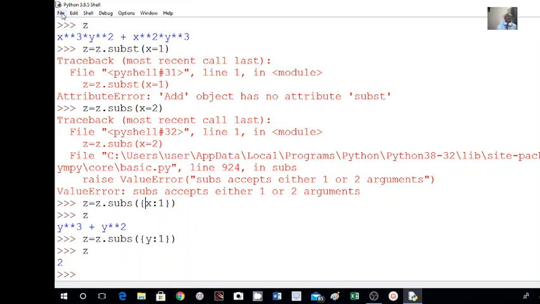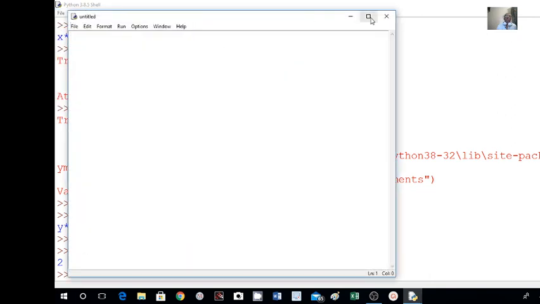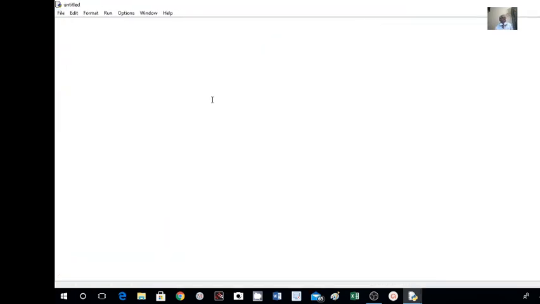Go to File, click on this, New file. Okay, I'll go to New file. It opens like this. This is the file. On this we can write programs, save and run them. Starting with the program, usually we write comment lines. In Python, a comment line starts with the hash. If I write hash, then this is a comment line.